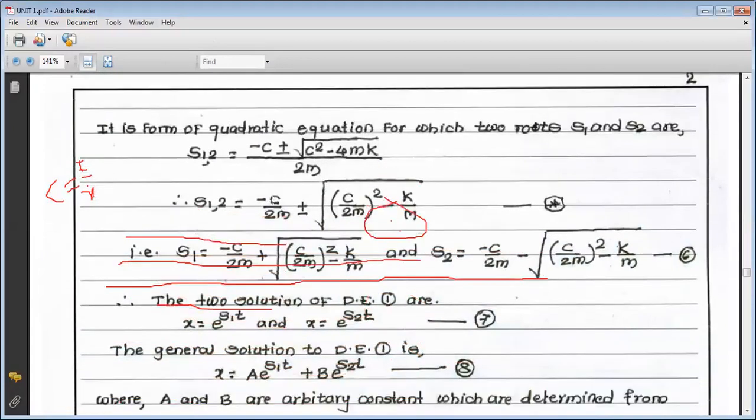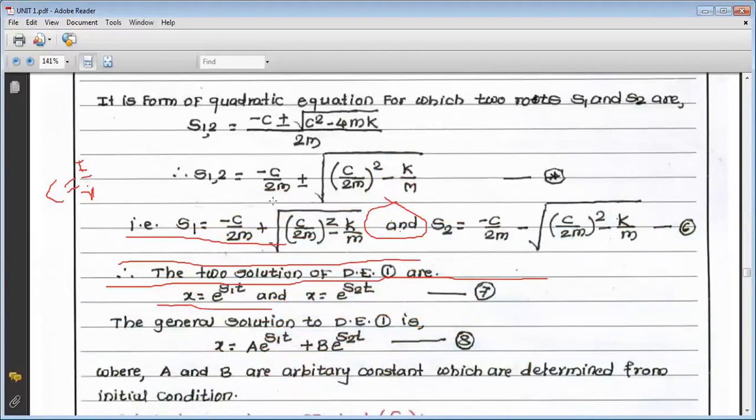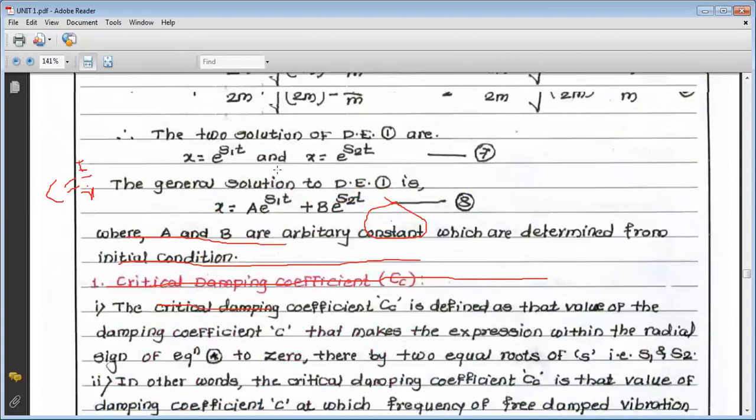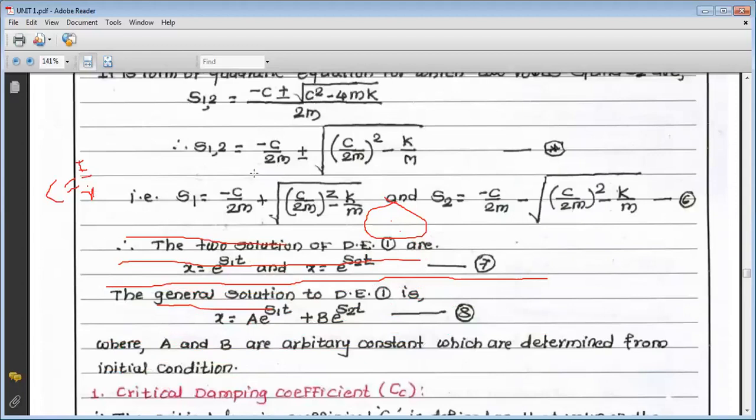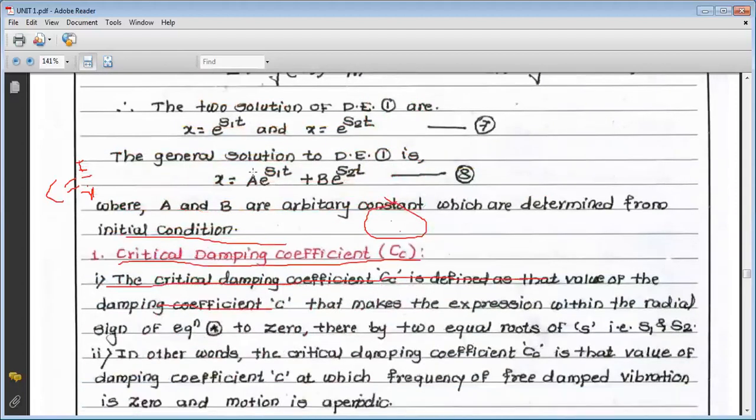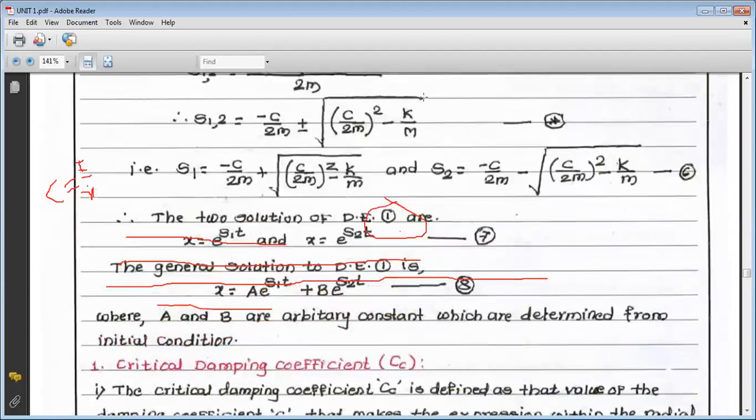So this is your equation star. So it is the value. What is damping coefficient? The critical damping coefficient is defined as that value of damping coefficient C that makes the equation star, this part of your equation, become 0.